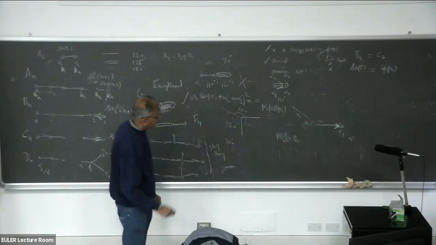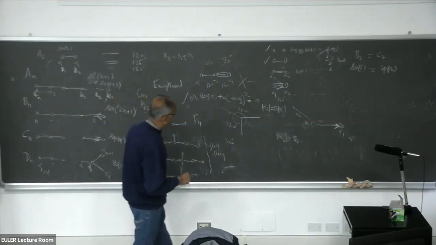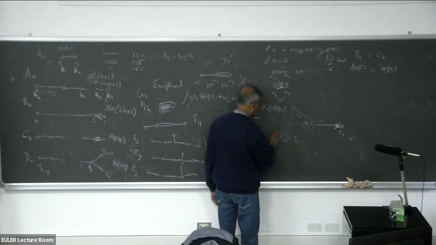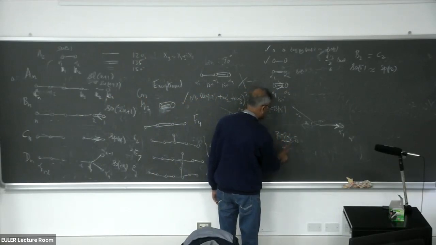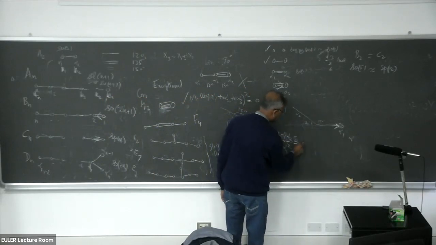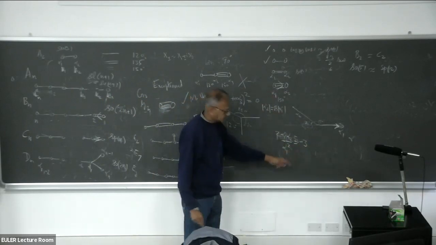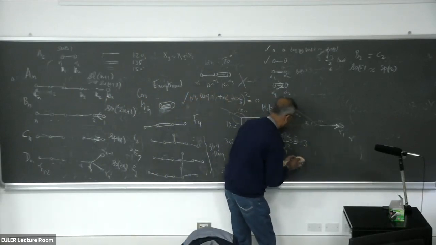And furthermore, if I look at the two numbers, the alpha 1 string through alpha 2, which was 2 alpha 1 dot alpha 2 divided by alpha 1 squared, which was p minus q, but p is 0, we know. So this is minus 3, right? There are 3 lines, 3 lines means it's minus 3.